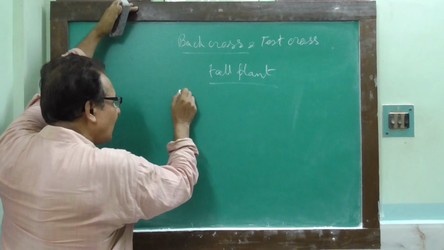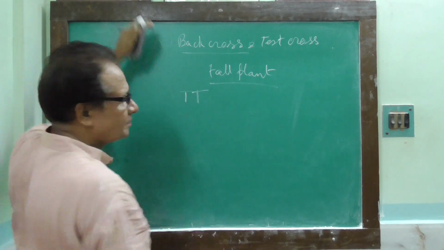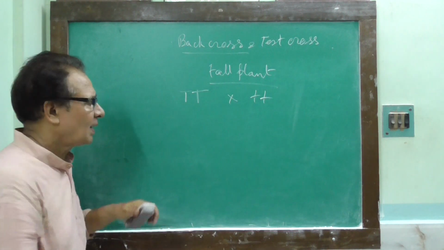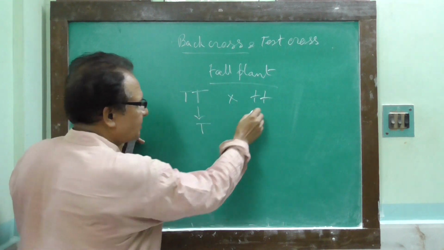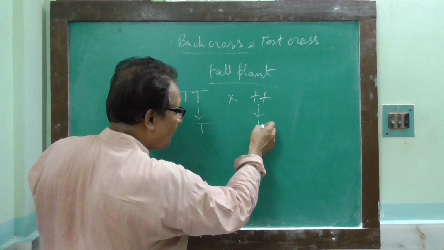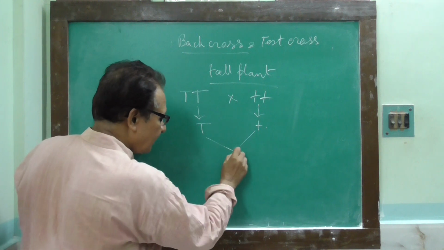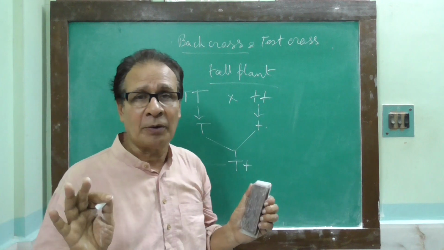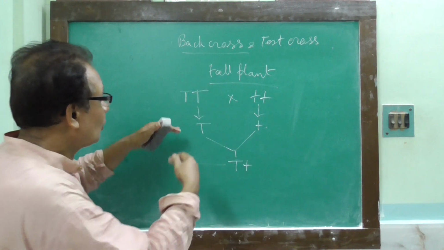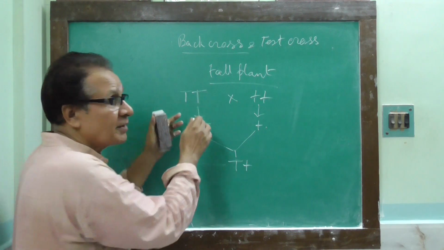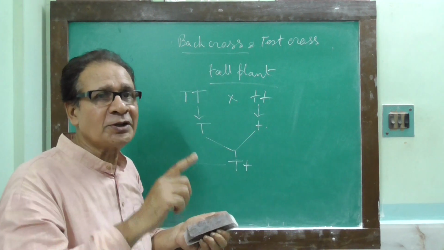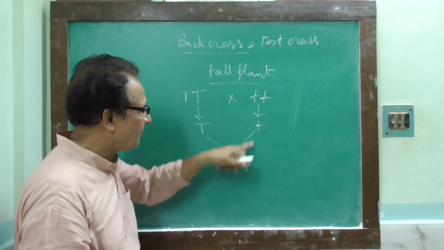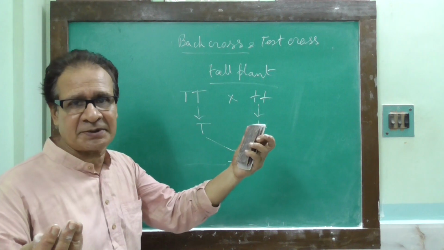Suppose you are given the pure tall plant, then it is crossed with the homozygous recessive. The tall plant produces the capital T gamete, and the dwarf plant the small t gamete, and due to the cross in F1 all the plants obtained are tall. So we can say the given plant is pure tall because only the capital T genes are present, and hence in the presence of the capital T gene the recessive gene cannot express.